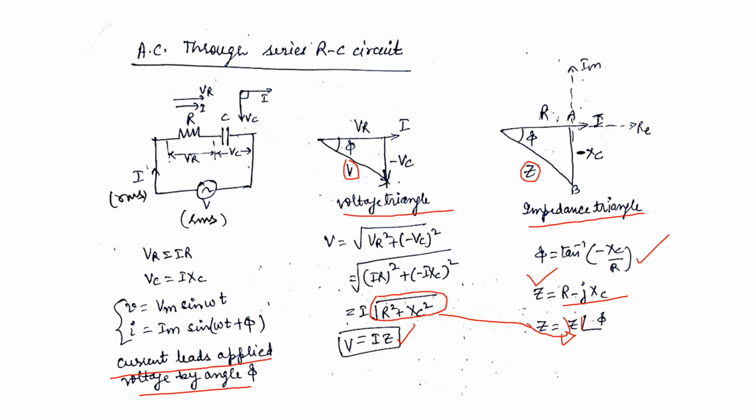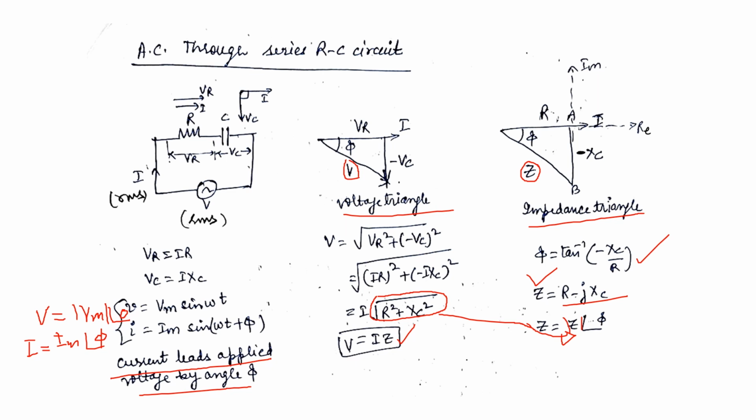So in the phasor notation, we can write V as Vm angle 0, and the current as Im angle phi. That is the phasor form representation of the current and voltage. We can utilize either the rectangular form or the polar form in order to carry out the analysis of such circuits.